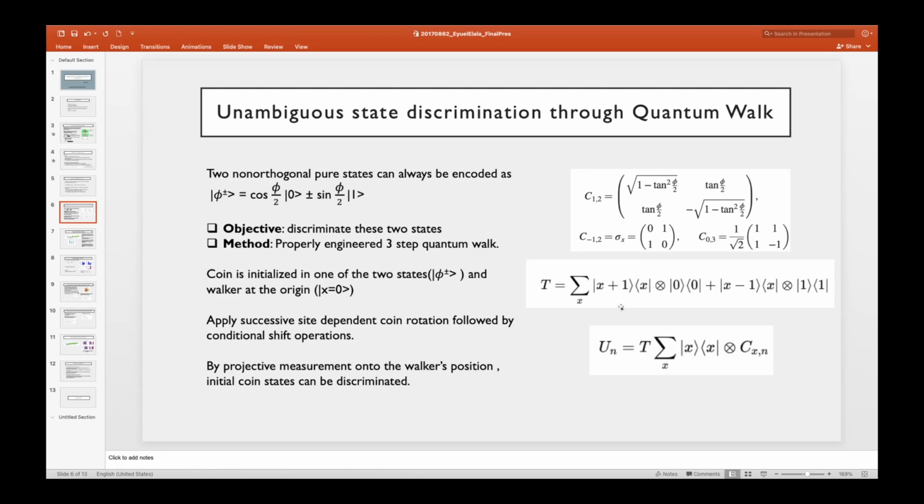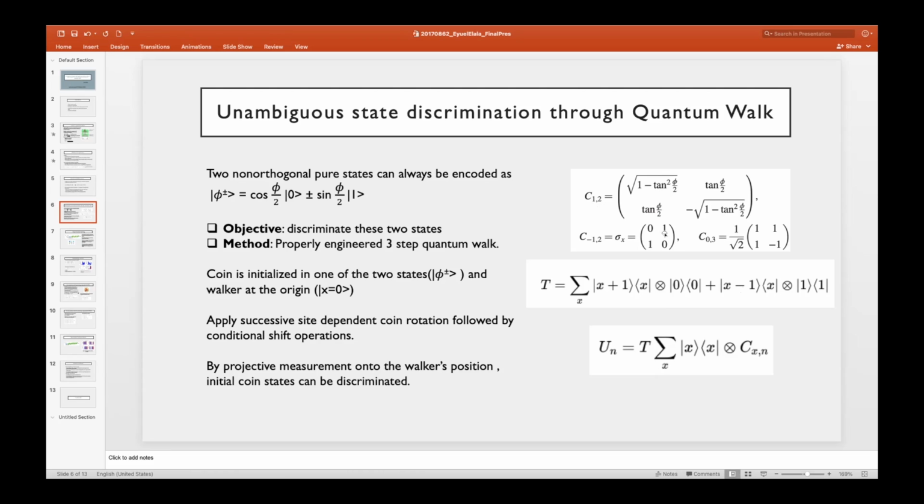The shift operator shifts the Walker to the left if the coin is one, and to the right if it is zero. Then if it's at position x equals one, you apply this operation. If it's at minus one, you apply this operation.